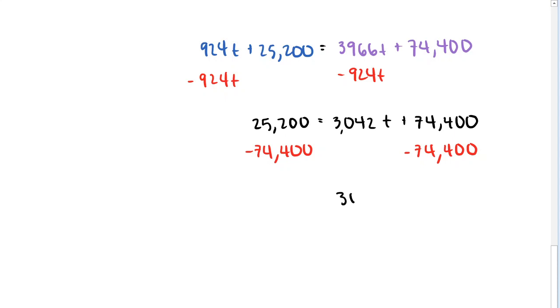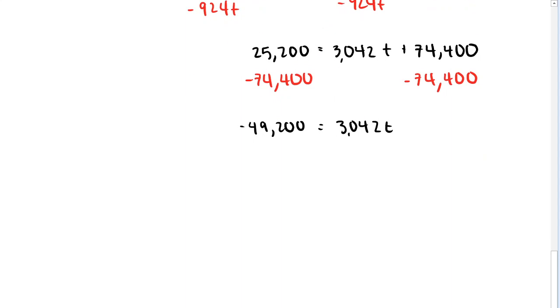And so on the right side, we still have that 3,042t is equal to, the left side we get negative 49,200. And then dividing both sides by 3,042 gives us that t is, I shouldn't write equals here, this is approximately negative 16.174.